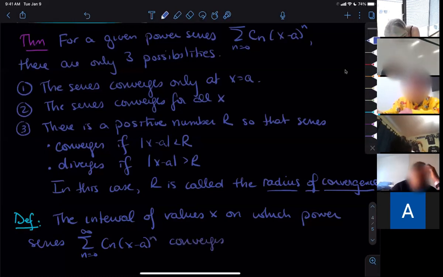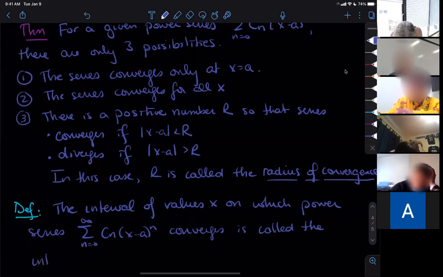It's called the interval of convergence of the power series.